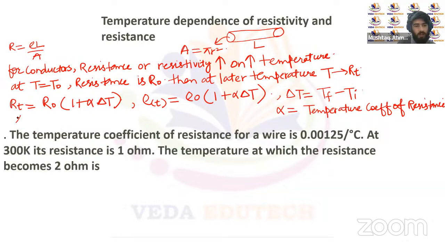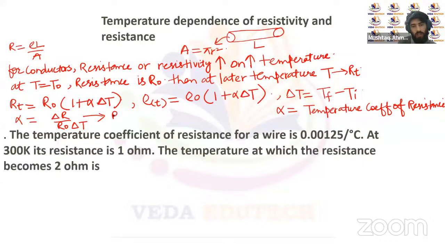So we can write alpha as delta R upon R naught, upon delta T. Or we can define it as the relative change in resistance per degree change in temperature, right?